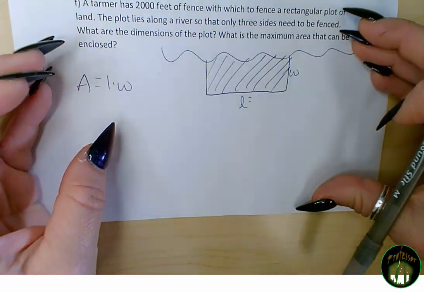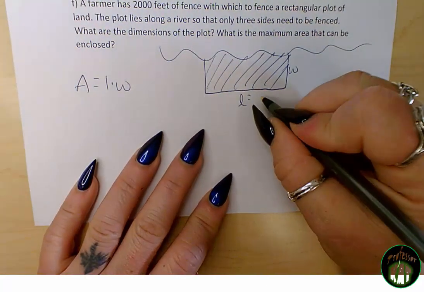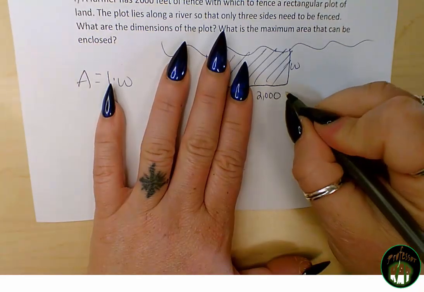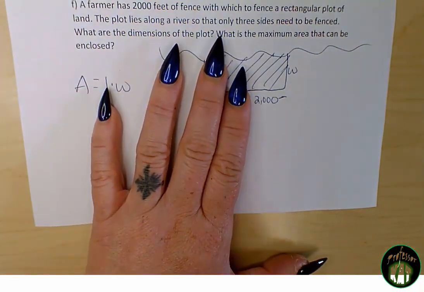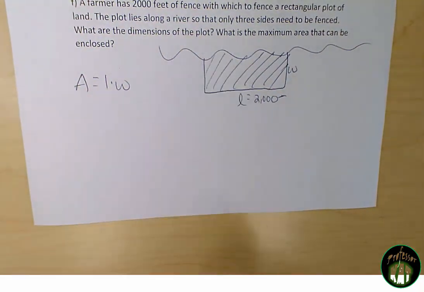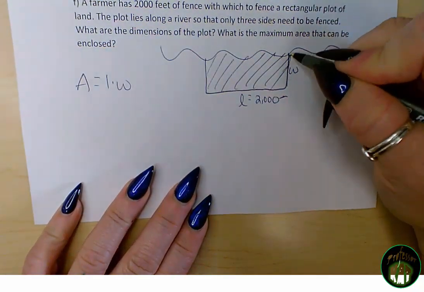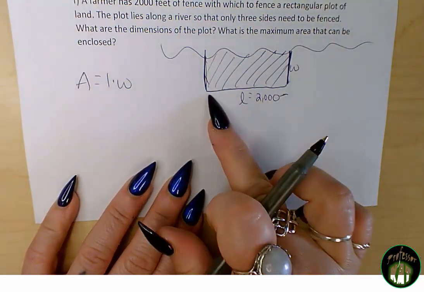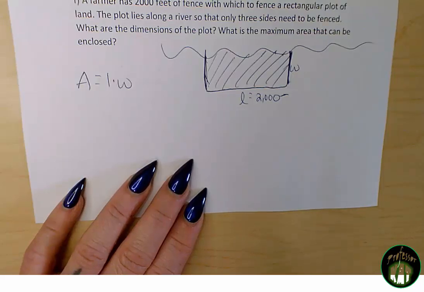I don't know how much I'm moving to that pile quite yet, but I know that I'm starting with 2,000 feet of fencing, and I'm going to take away, which means subtract, an amount for the width. Now, looking at my picture, remember we have 2 widths. This is a width, this is a width. We only have 1 length, again, because the river is our border.